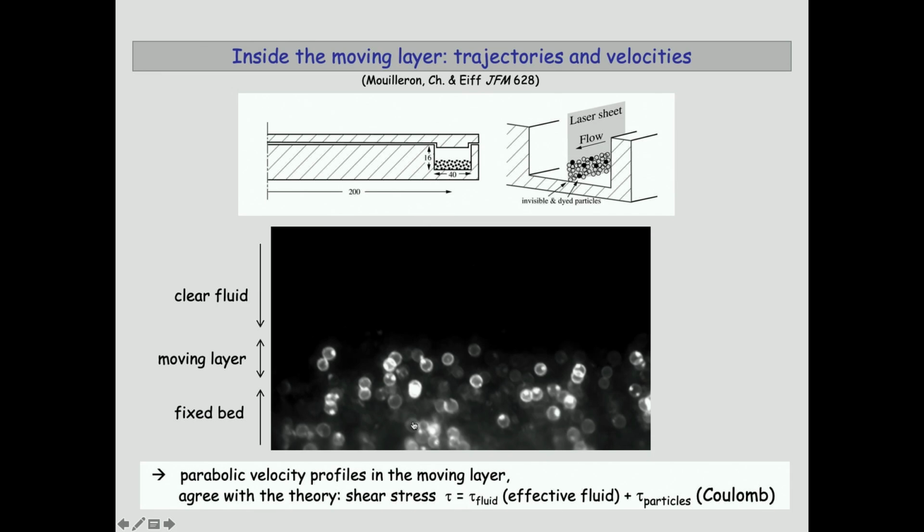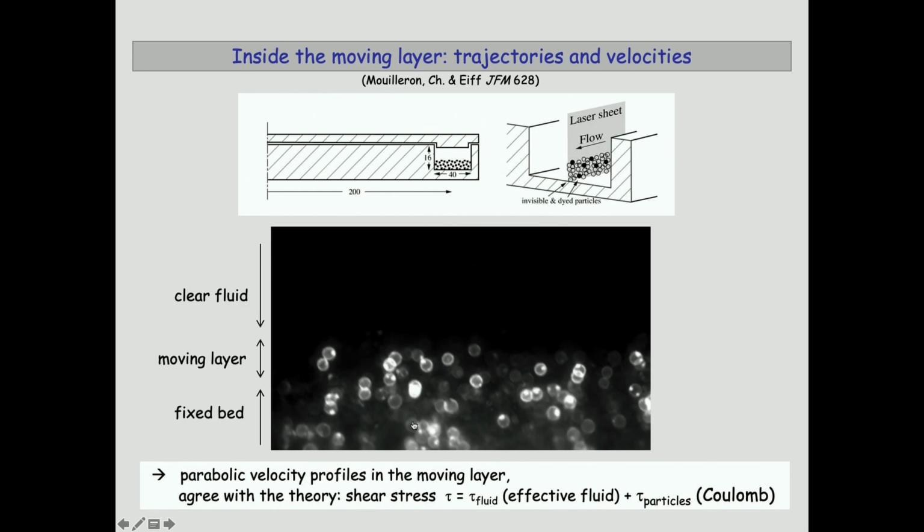We can also assess the hypothesis that we can write the total shear stress as the sum of a fluid shear stress in an effective fluid plus a shear stress between the particles.